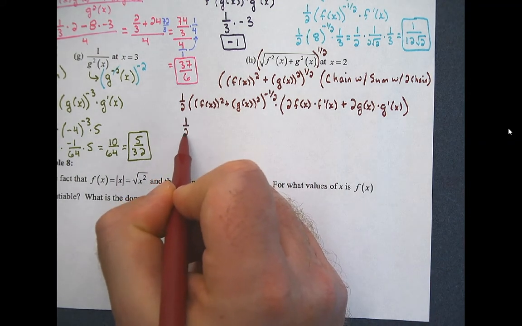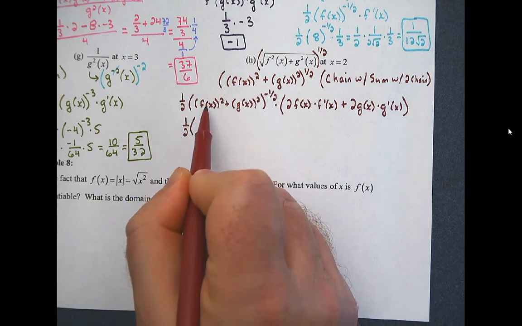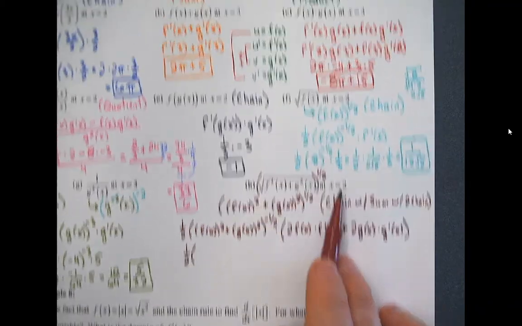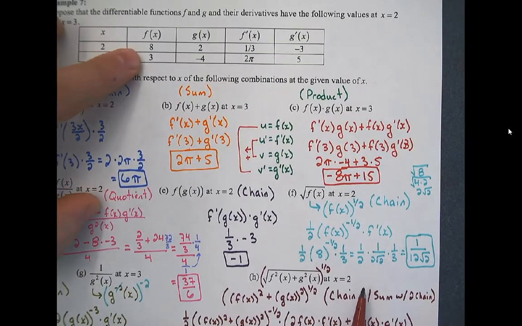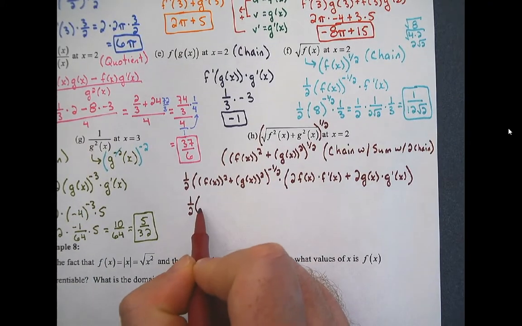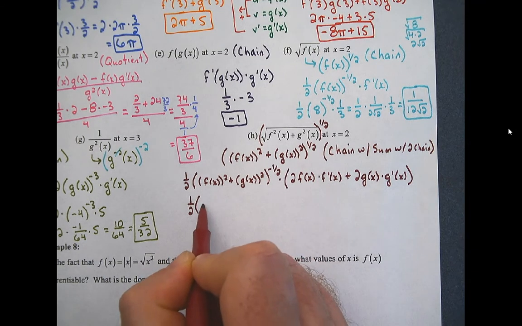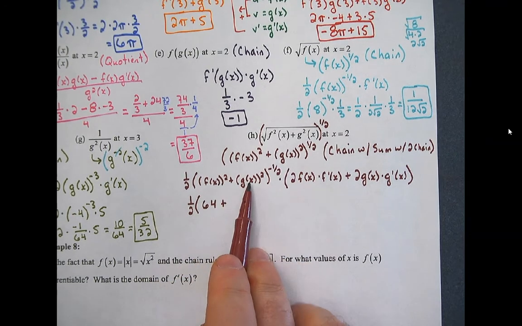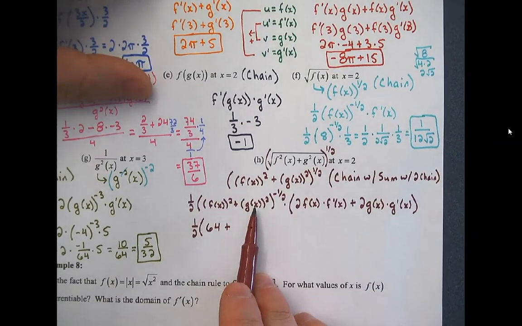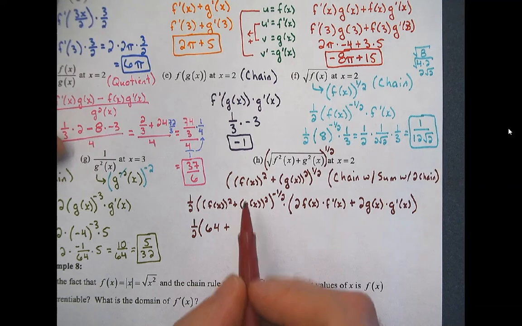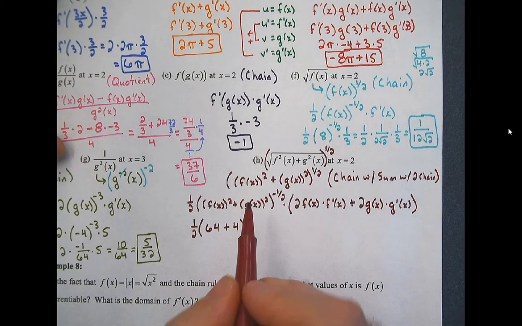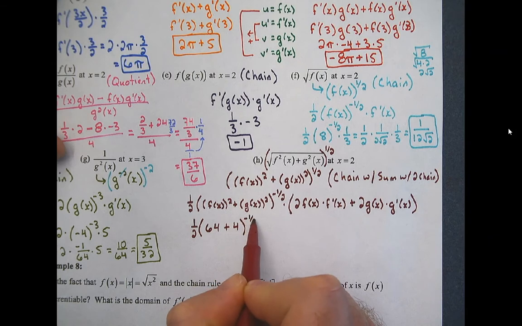So I've got 1/2 times, okay, f of x, where are we doing this? At 2. So f of x at 2 is 8, and then I'm going to square that, so that's 64. Plus g of x at 2, looking at my table, is 2, and I'm squaring it, and that's 4, to the negative 1/2.